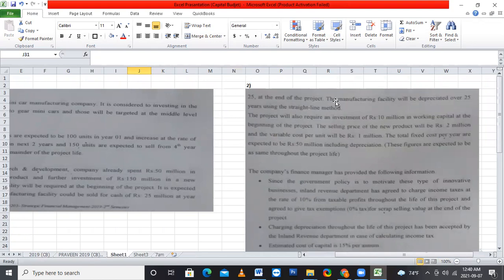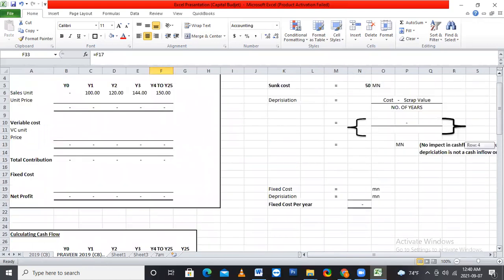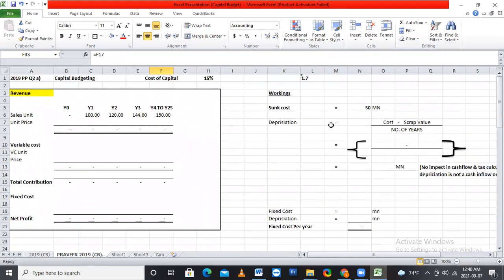Next, the manufacturing facilities will be depreciated over 25 years using the straight line method. So every year the depreciation is the same. When we calculate depreciation, we use cost minus scrap value divided by number of years. Cost is 150 million, scrap value 25 million, number of years 25.